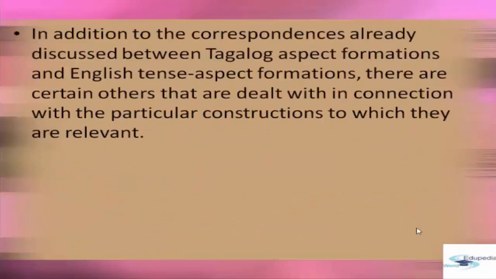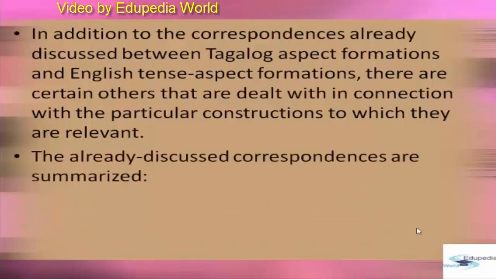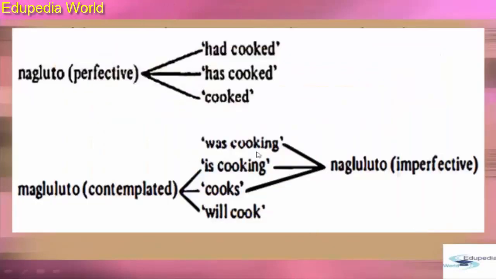In addition to the correspondences already discussed between Tagalog aspect formations and English tense-aspect formations, there are certain others that are dealt with in connection with the particular constructions to which they are relevant. The already discussed correspondences are summarized. We have here nagluto, perfective: had cooked, has cooked, cooked, which is the past form.